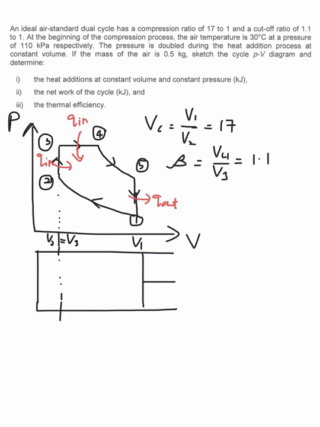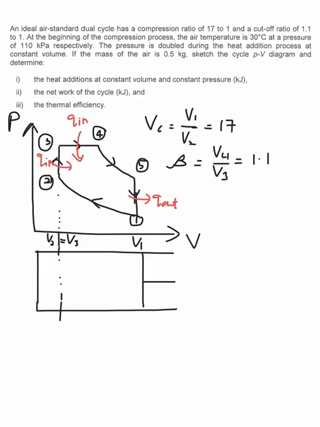Now what is cut-off ratio? Cut-off ratio is the measure of volume after complete combustion and just before the combustion is about to begin. So in this case, it is denoted as state 4 and 3. That's why it is V4 over your V3.